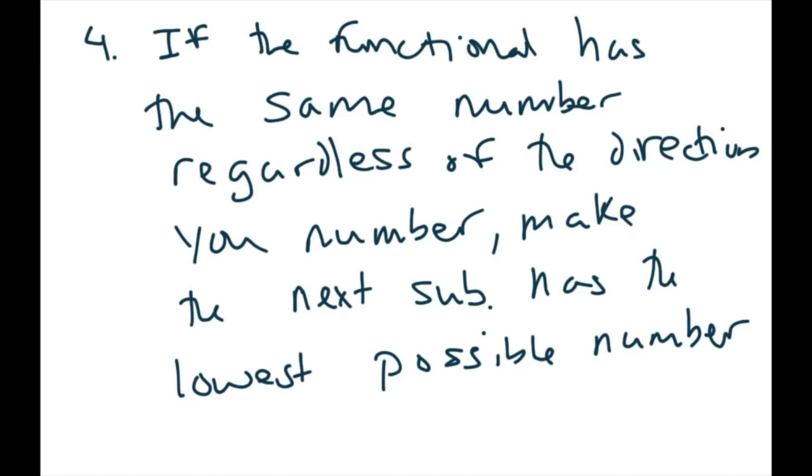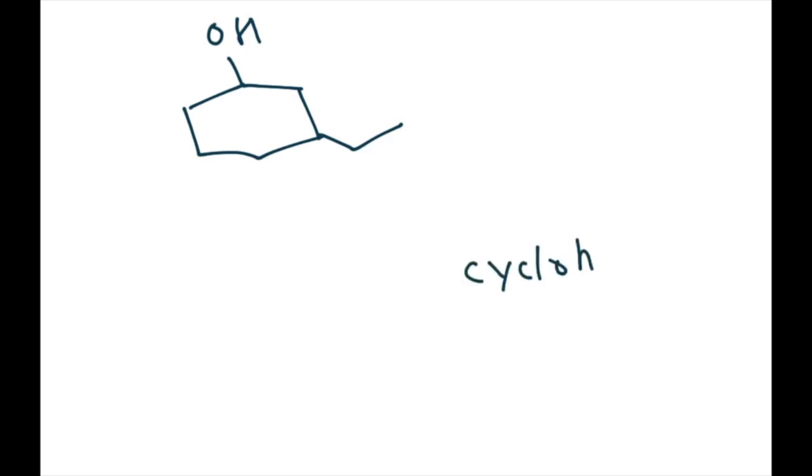Right, so for example, we can go back to a ring and show that on a ring. So let's go to a ring real quick, do a ring example. All right. So we know that we're going to be cyclohexanol, ethyl, right?